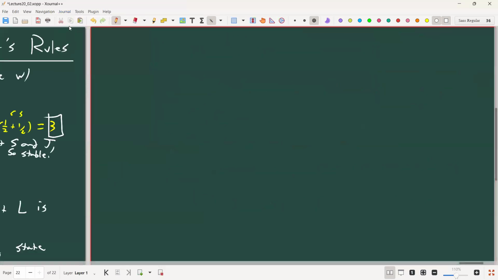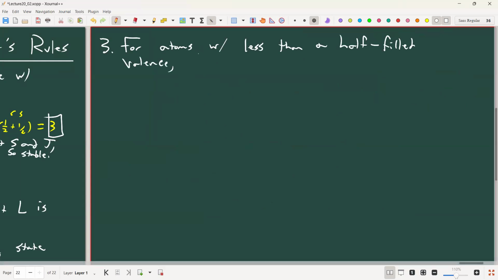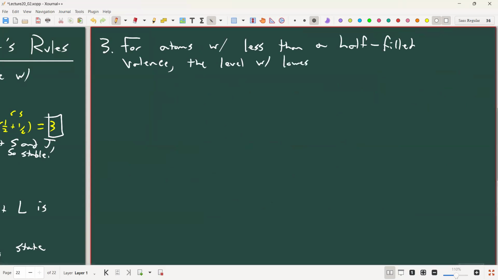And then finally, for atoms with less than a half-filled valence, the level with lowest J value is most stable.